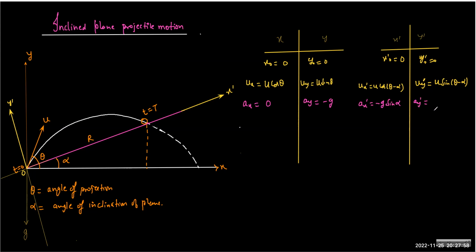What is ay dash? Minus g cos alpha. So anyone who has not got this, I'm getting this answer. So the ay dash, you can see this angle, I can just show you. This alpha, this is also alpha. So this is g cos alpha. This is g sin alpha. And g cos and g sin are both opposite of x dash and y dash respectively. That's why both are negative.